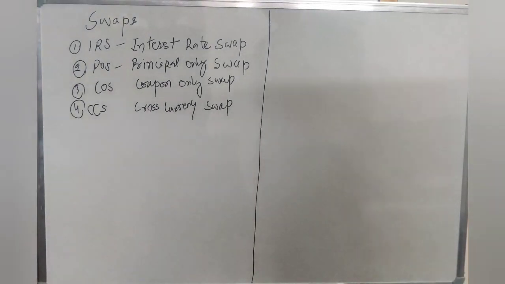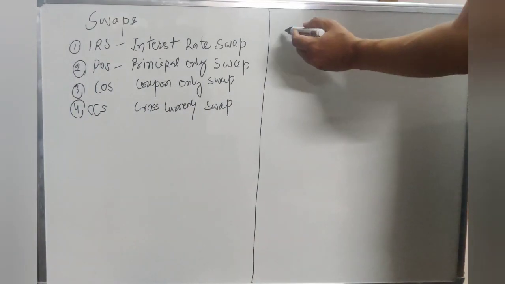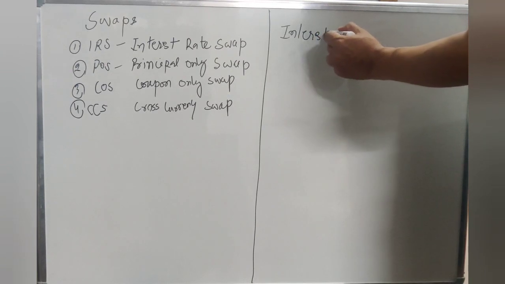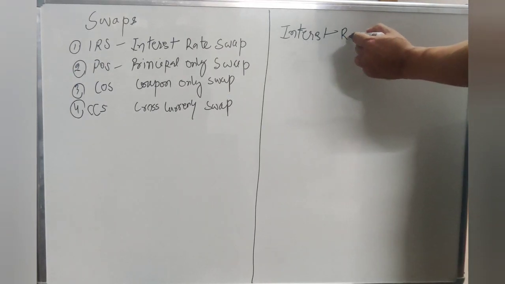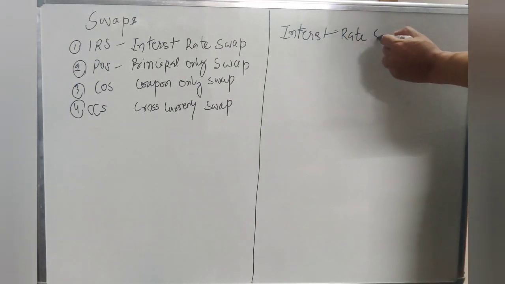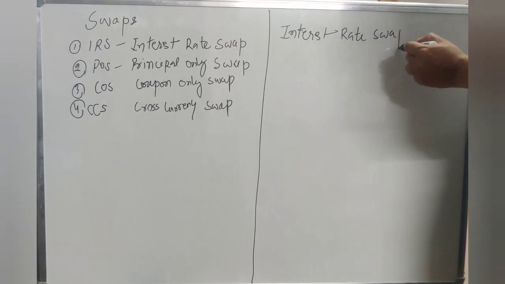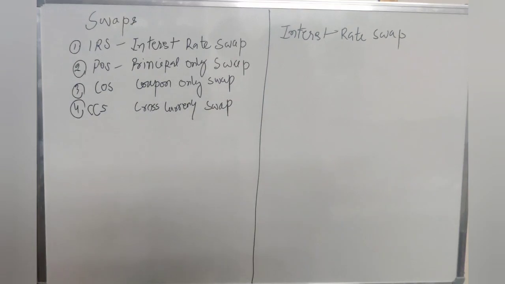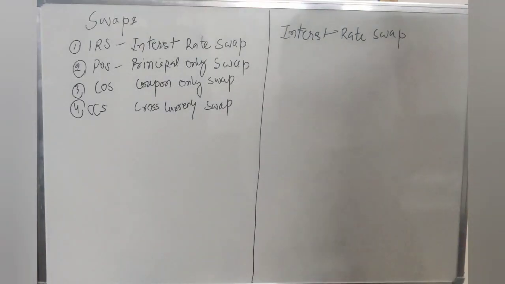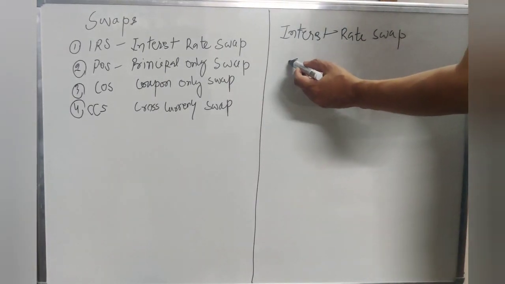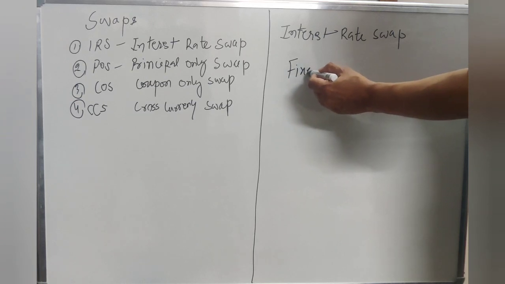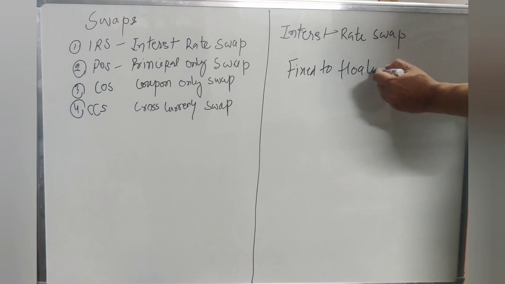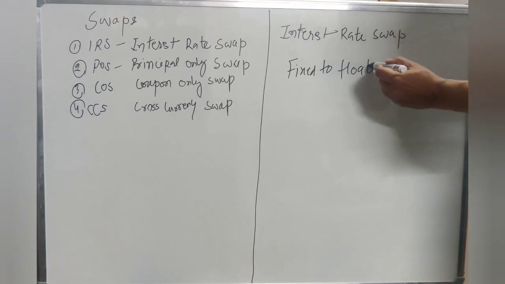I will try to give some live examples of how these swaps can be utilized for hedging purposes. Let me start with the interest rate swaps, and in later presentations I will explain the valuation, how these swaps get valued, but let me give some introduction about these swaps in very basic terms, then I will go into details.